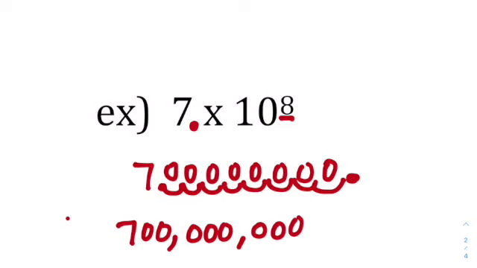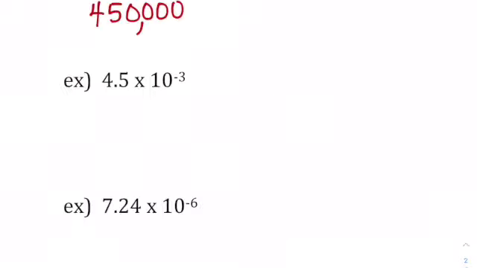So when I'm making the little curvy sign, I have 1, 2, 3, 4, 5, 6, 7, 8. And then there's my decimal. So my decimal from here moves down to here. And because of that move, I need to add in my zeros. So there will be 8 zeros. So by putting the comma in every 3, I will have 700 million.